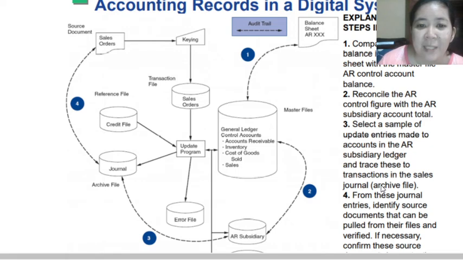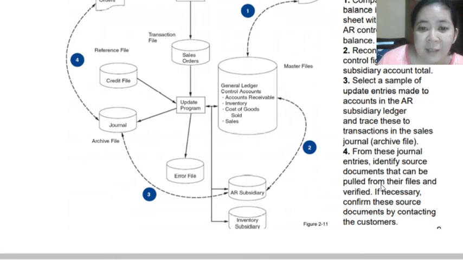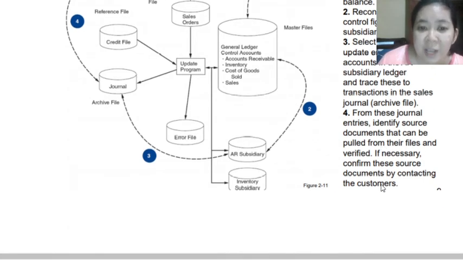And the general ledger will be created in the database in our computer. We can also create a subsidiary ledger, which is a link from the journal or the archive, and the inventory subsidiary as well.